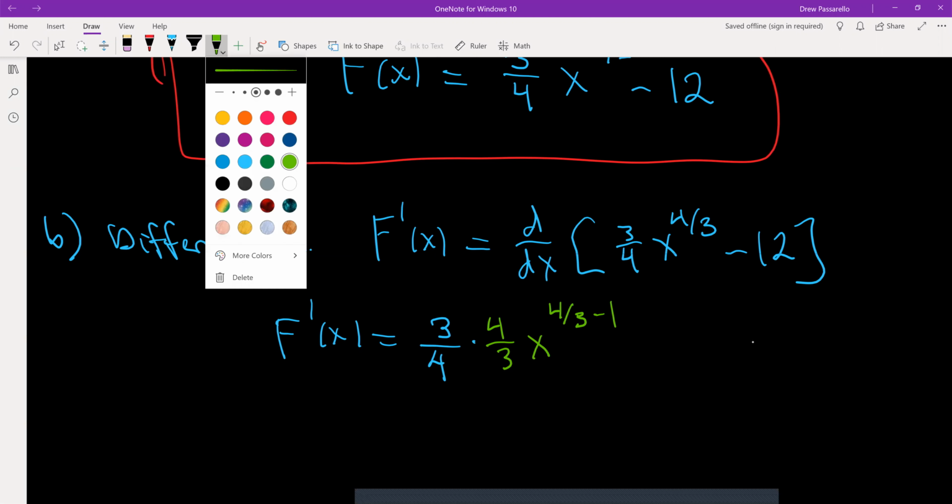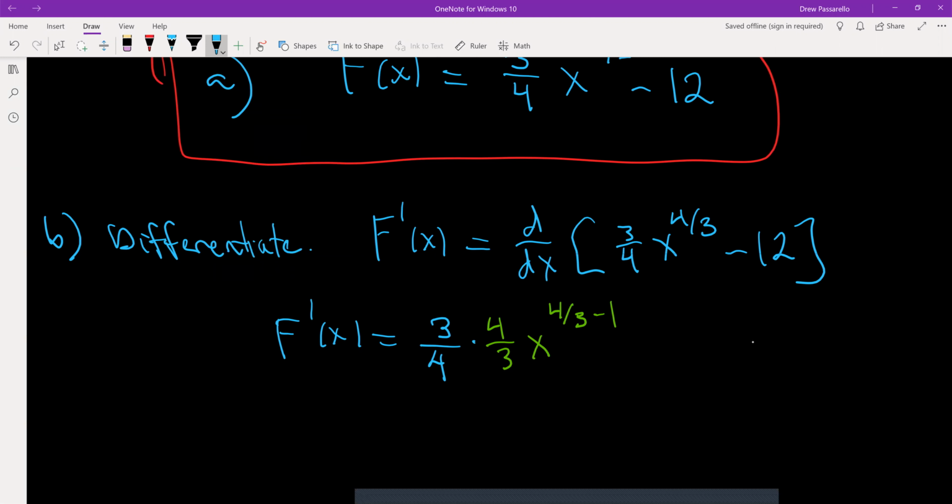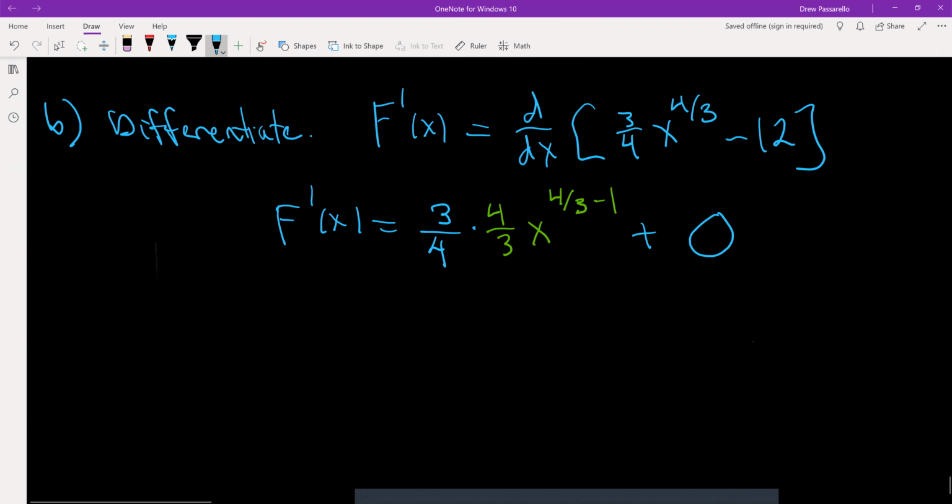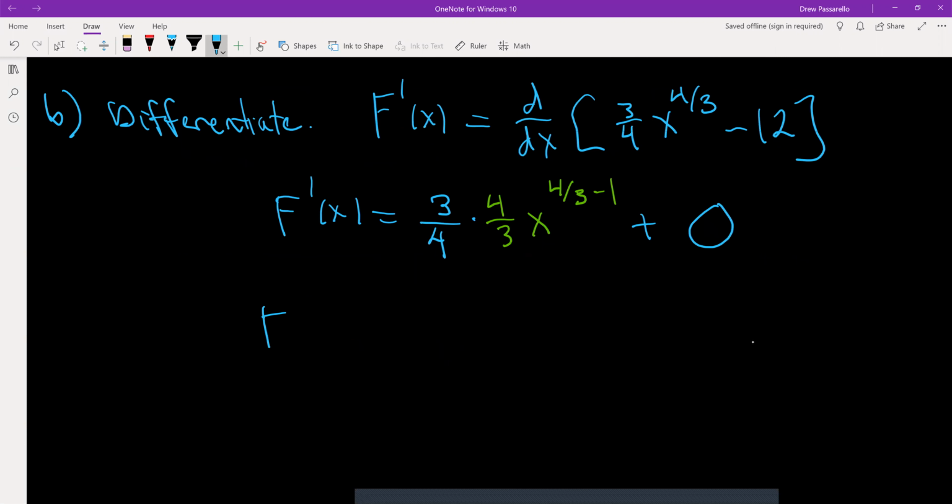And then minus 12 is a constant, and taking the derivative of a constant is 0. So the 3/4 and 4/3 cancel each other out. So you have x to the 4/3 minus 1, which is x to the 4/3 minus 3/3, which gives me x to the 1/3.